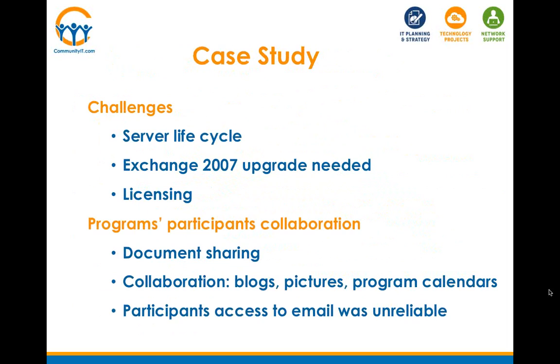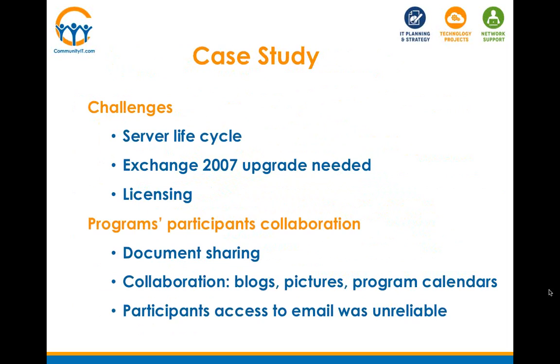So they needed to make some investments in terms of licensing as well. Program participants were another challenge. They needed to collaborate and do some document sharing, but we were using the Outlook Web Access document sharing option for 2007, and participants were able to view the documents, but these were read-only. So there was no mechanism for collaboration in place.